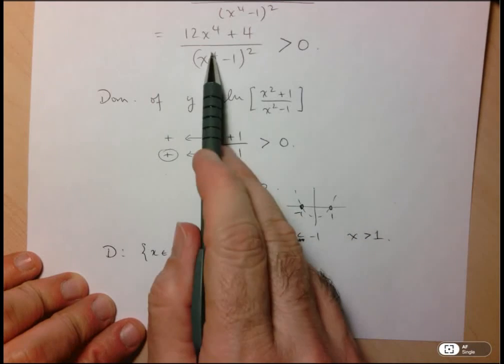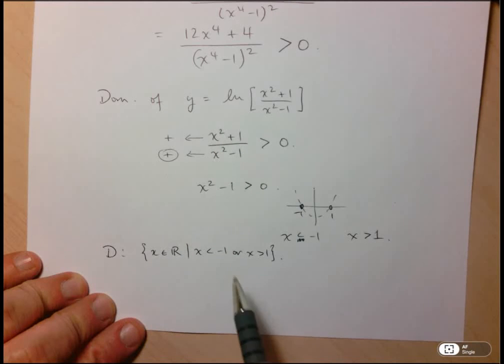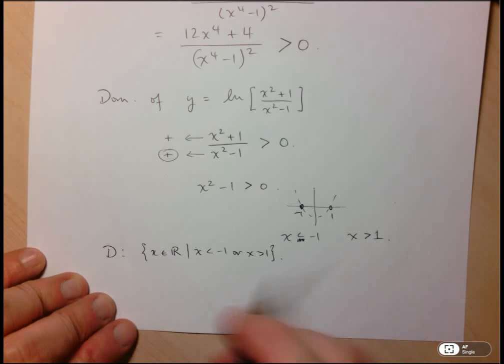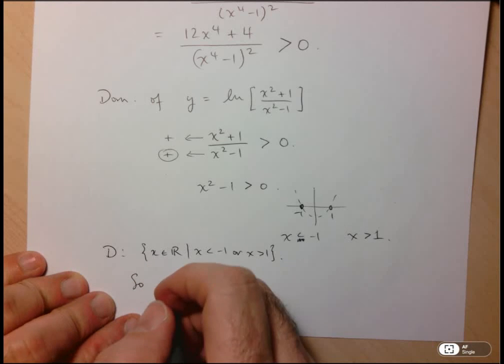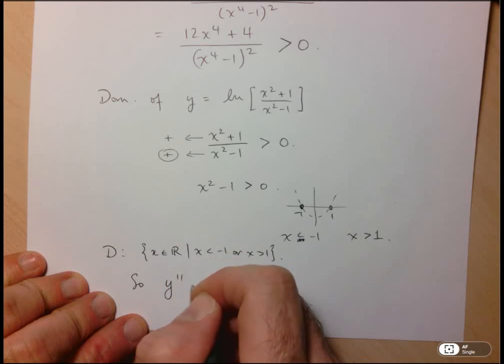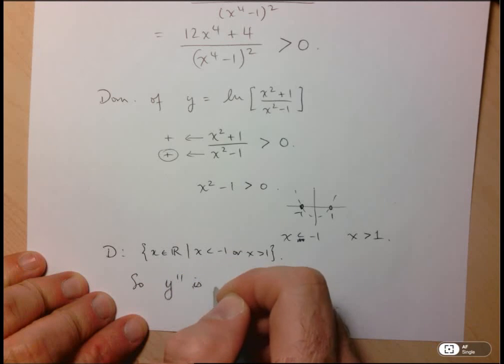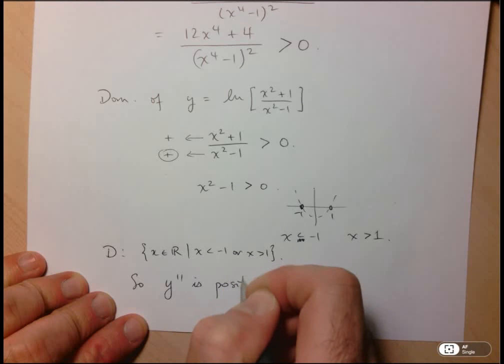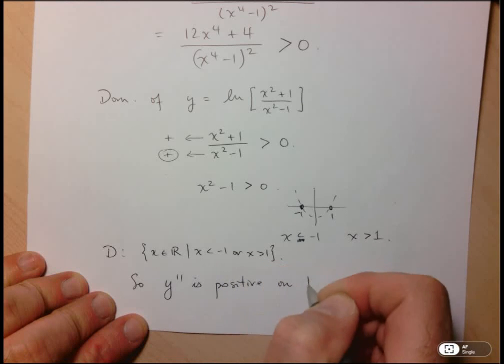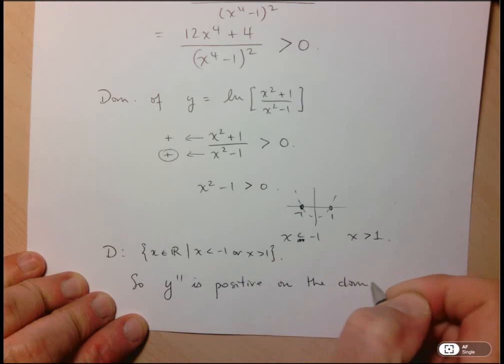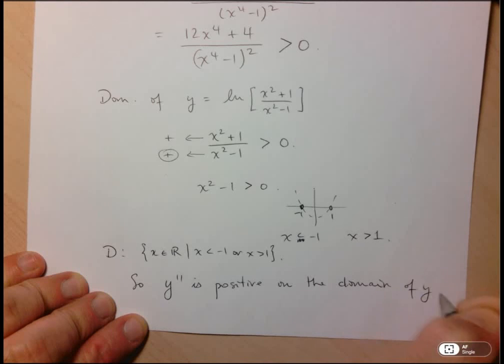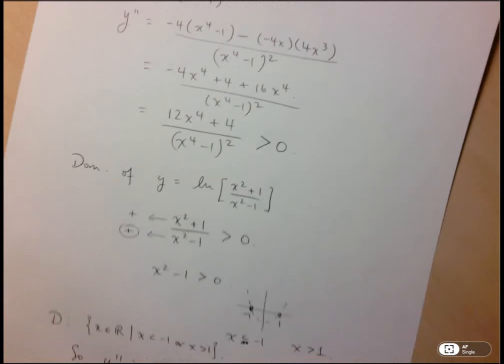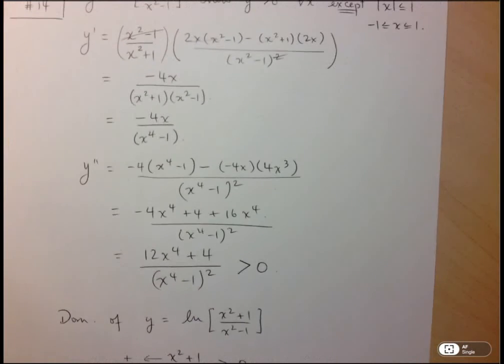And we've shown that on its domain, the second derivative has to be positive, hence we've satisfied all the conditions. So y double prime is positive on the domain of y. And there we have it.